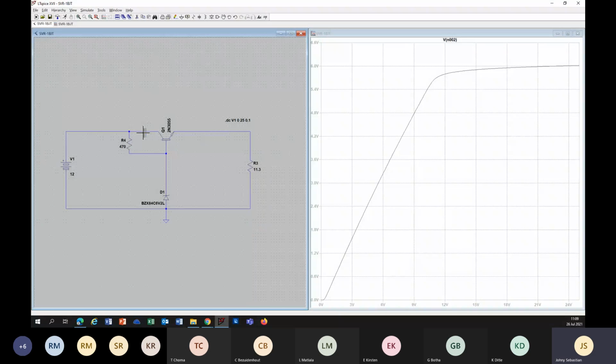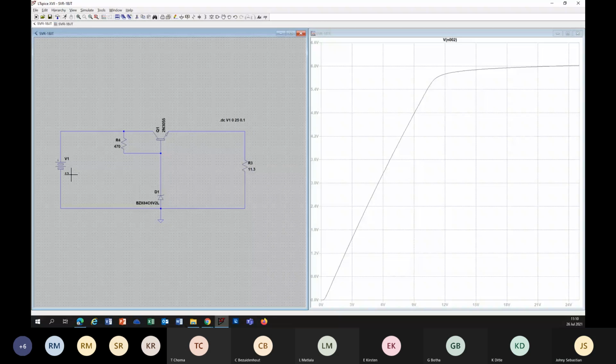Resistance is 470 ohm between collector and base, and at the base a Zener diode 6.2 volt connected to ground, and we have one resistance 11.3 ohm acting as the load. VI unregulated is 12 volt.